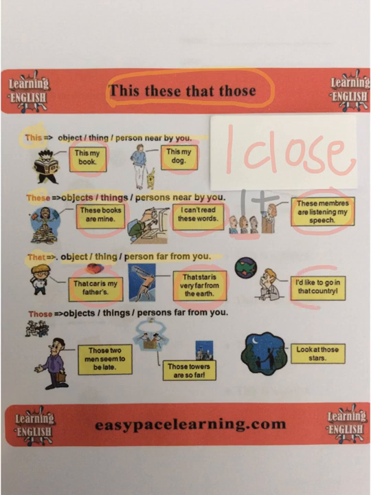And our last one is, I'd like to go in that country. That is talking about only one. So it's only one item, one car, one star, and one country. But the key here is it's somebody far from you.